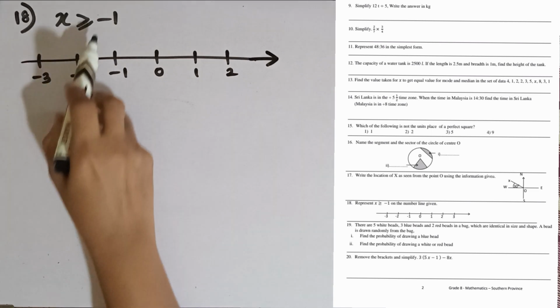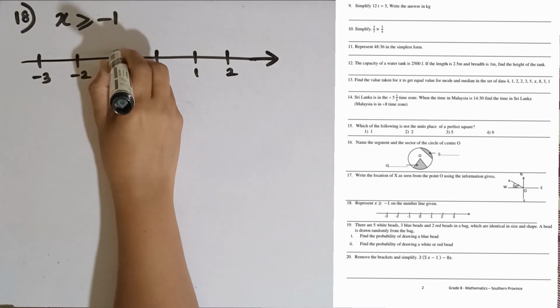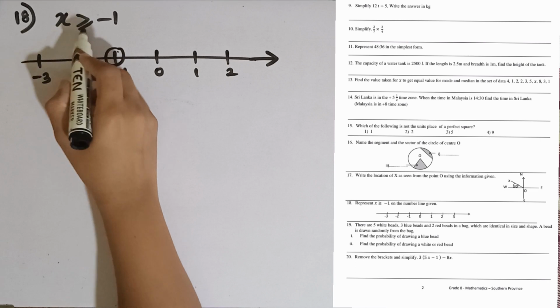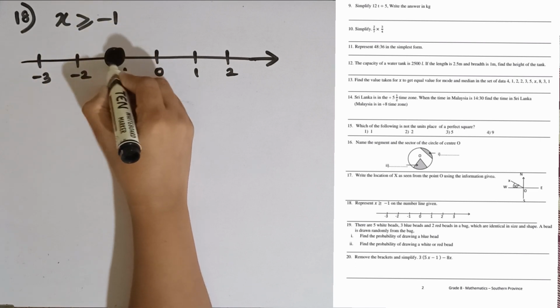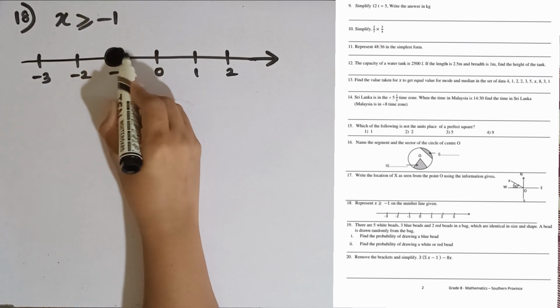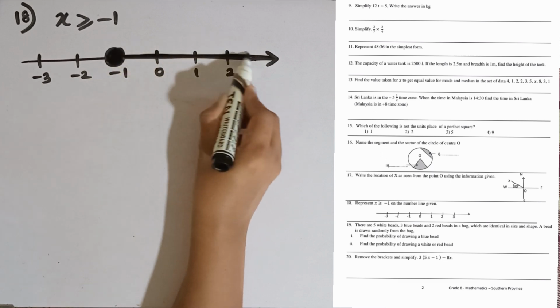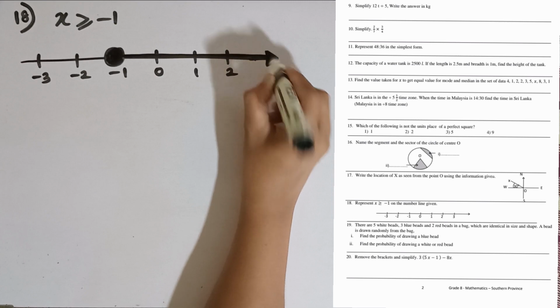Then here the minus 1 is the number given. So we have to circle minus 1 like this. Then we have to shade inside the circle as we have a similarity here. Then greater than. Then on the right hand side of the number line, we have to shade like this. Right hand side of -1.